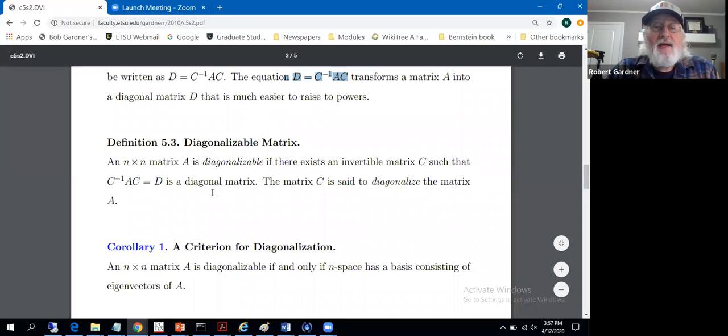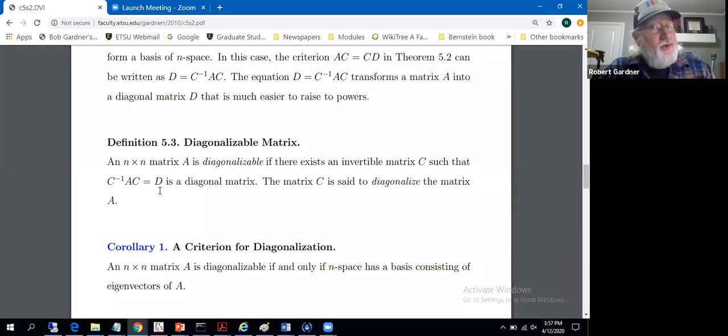So being diagonalizable means you can find an invertible matrix C and a diagonal matrix D where this equation works. And if you piece the last two results together, that's only going to work out when C has as its columns eigenvectors of matrix A, and D has as its diagonal entries eigenvalues of matrix A. Under these conditions, matrix C is said to diagonalize the matrix A.